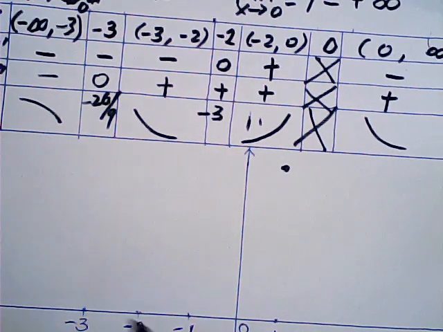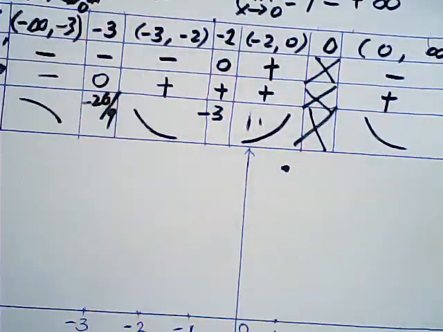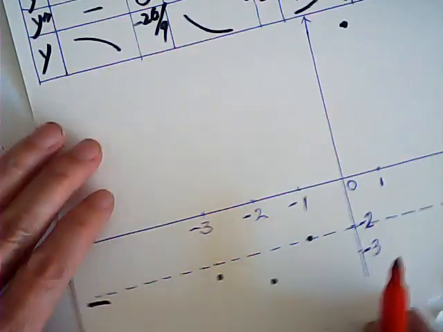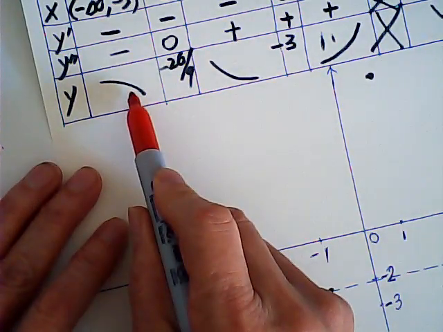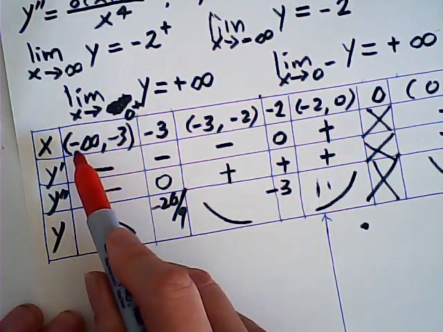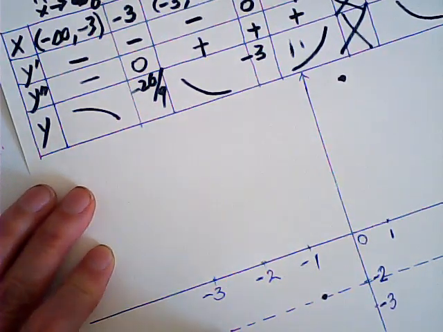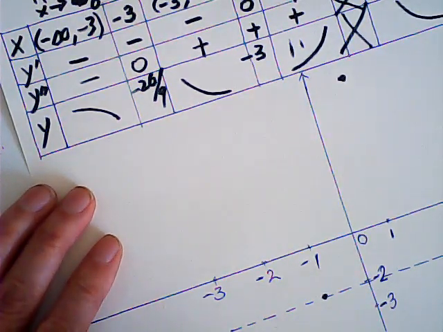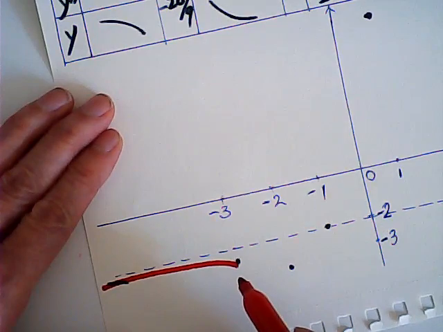Then we can join those pieces of data we got, and finally we sketch the curve, right? This is the shape from infinity to -3. This is the point. This is the shape.